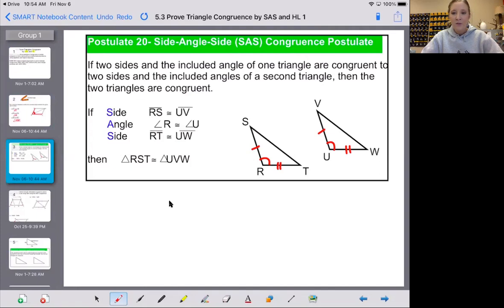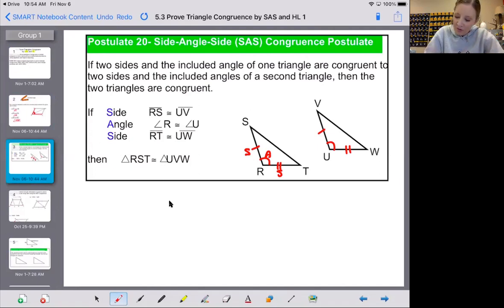So in this case, you'll see the side right here, and then we have an angle, and then we have a side. Notice that the angle is directly in between the two marked sides. So it's super important that the angle itself is the included angle, or the angle between the two marked sides.